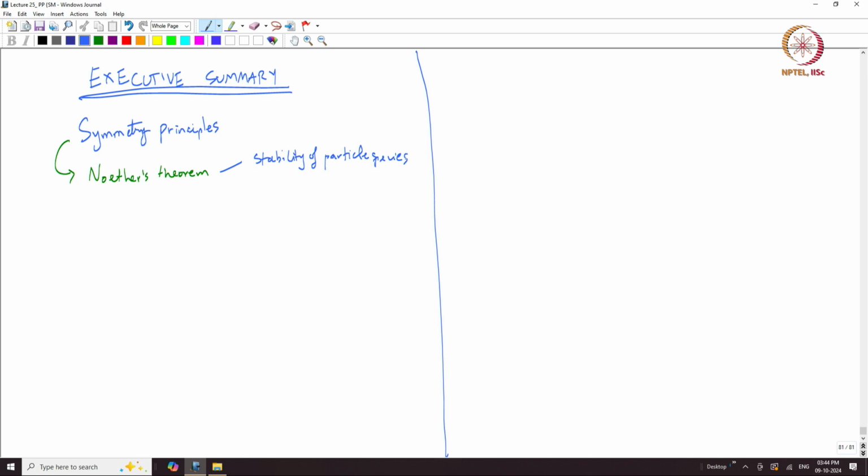That was a very important point for why the photon is stable, the electron is stable, etc. And then we got the concept of charge and so on, the usual Noether charges, and Noether currents, etc.